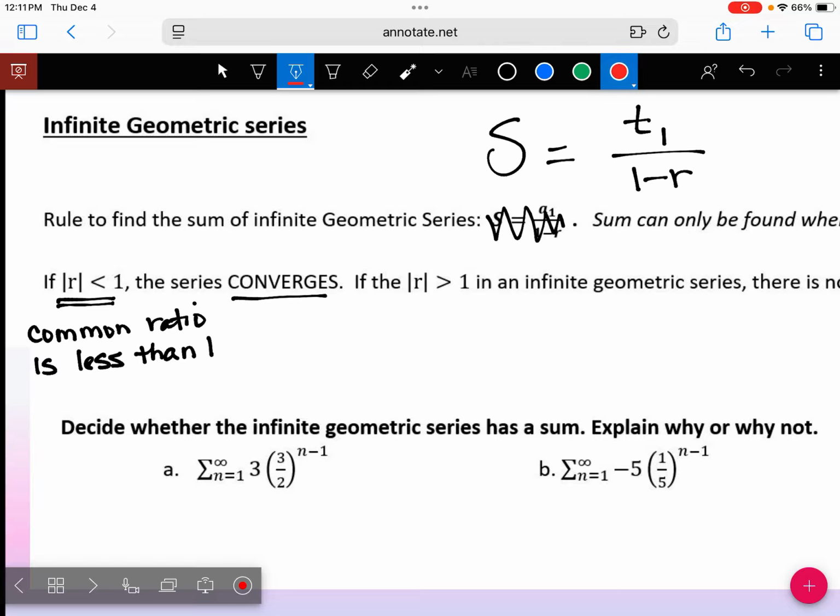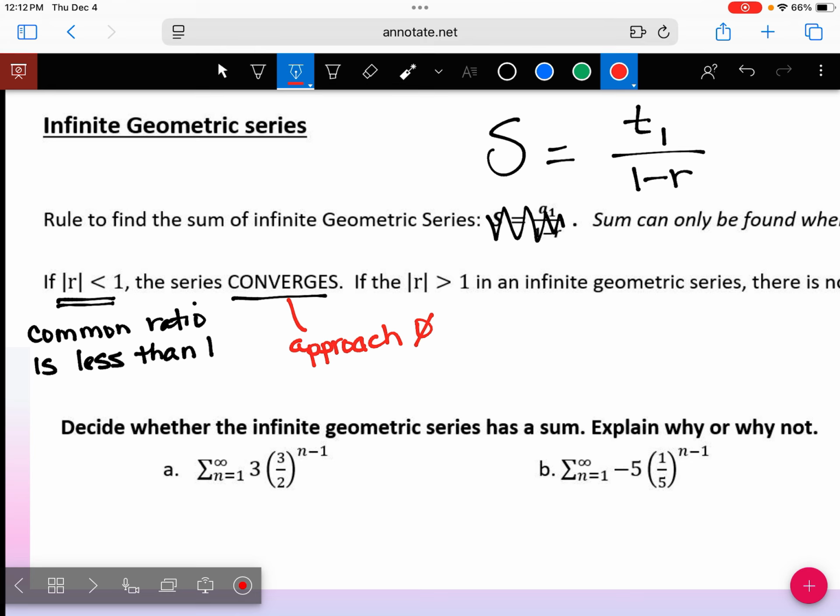And what that means is it's going to approach 0. Do you agree that if I keep multiplying a number by, let's say, 0.5, keep chopping it in half, the number is getting smaller and smaller, and eventually it's going to get really close to 0?